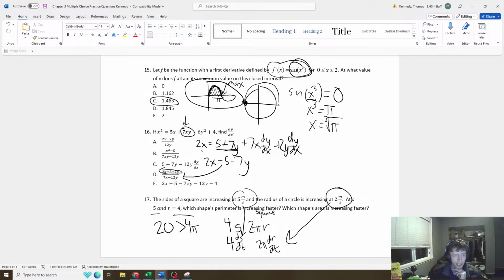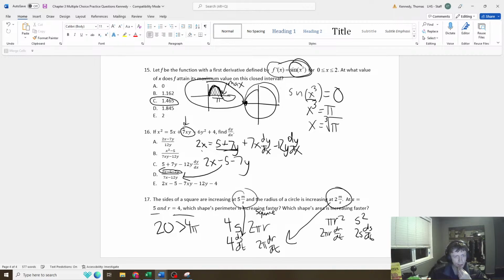For the area one, you would just use pi r squared for the circle and s squared for the square. The derivatives are 2 pi r dr/dt and 2s ds/dt.